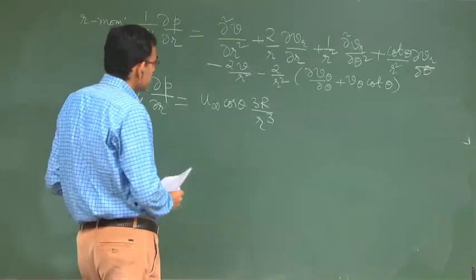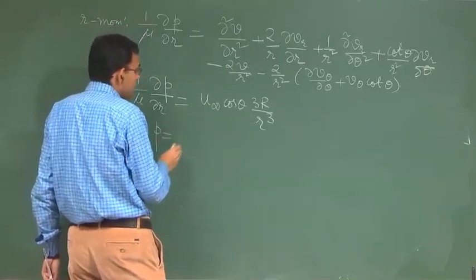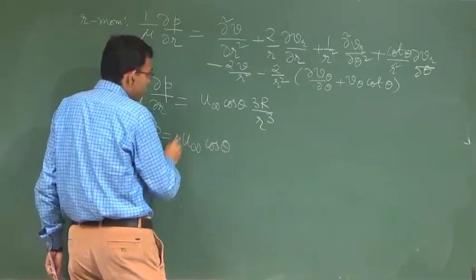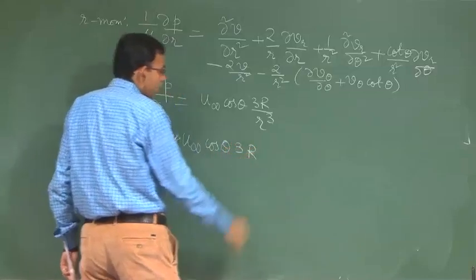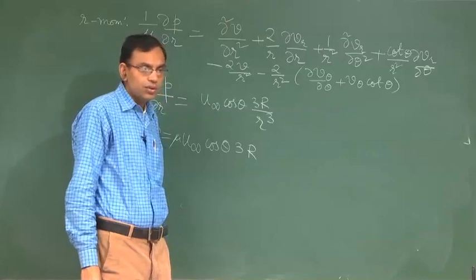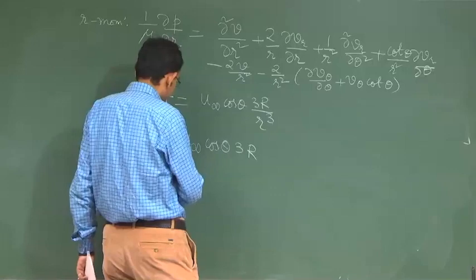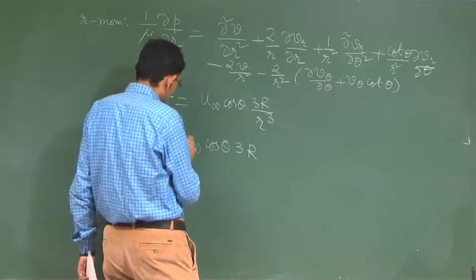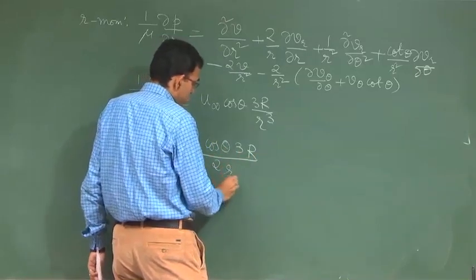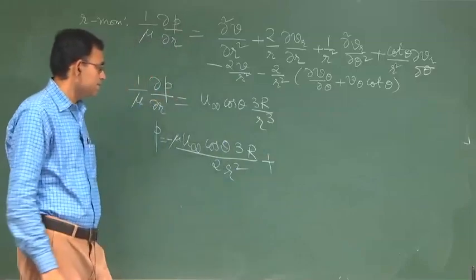So, you will have P, if you integrate this, u infinity cos theta. So, there is a mu u infinity cos theta 3r, then r to the power minus 3 dr is r to the power minus 2 by minus 2, right. So, there is a minus, plus a constant.